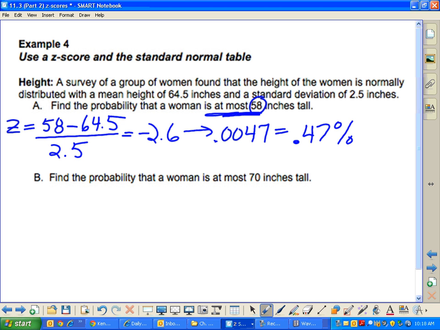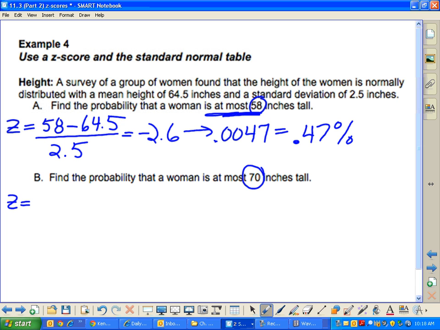All right, let's do it again. This time around, we're going to do the same thing, but I did change one number. We're asked to find the probability that a woman is at most 70 inches tall, well above the average. Our z-score this time around is going to be positive because she's above average. So step one, I have to calculate the z-score. When they ask you to find the probability, they're asking you for a percent chance.